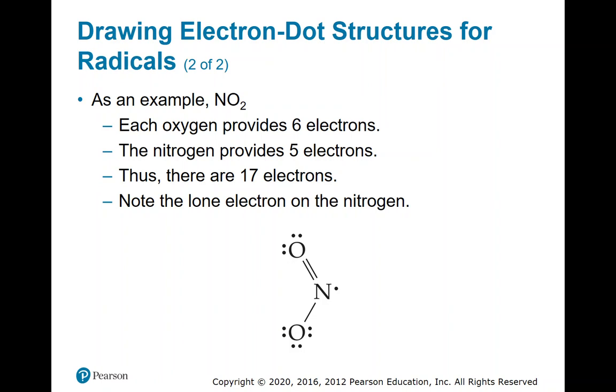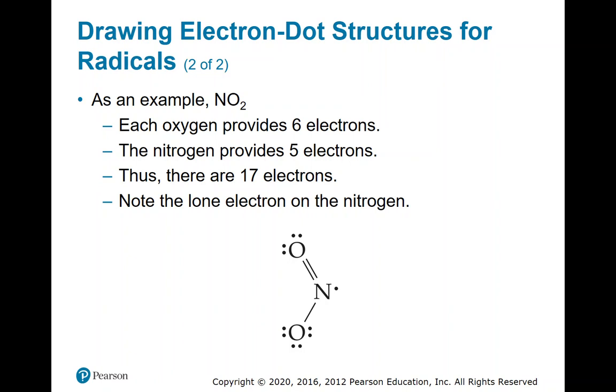So with the 17 electrons available for our molecule, what you would do is put your nitrogen in the middle. Nitrogen forms 3 bonds generally, oxygen only 2, and nitrogen's less electronegative than oxygen as well, so it's a better candidate for the central atom.